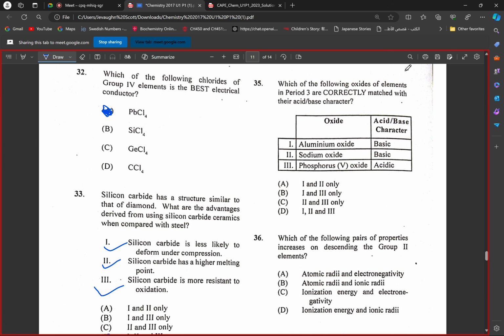Which of the following oxides of elements of period 3 are correctly matched with their acid-base character? This is a point of contention. Is it all of them? Which group is phosphorus in?